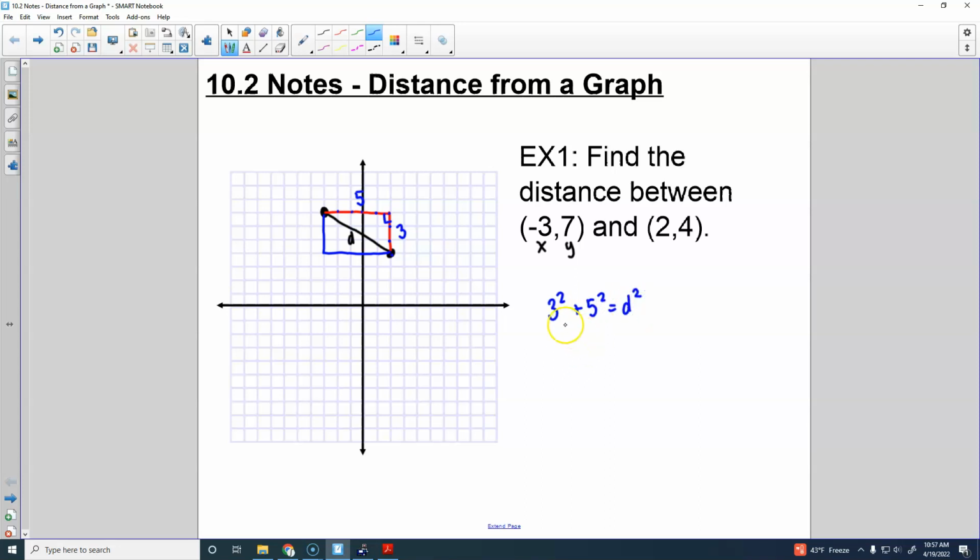So 3 squared plus 5 squared, that's 9 plus 25, which is going to give me 34, I think. And that will equal D squared. And then, Julian, what's the last thing I'm going to have to do? Square root it. When you take the square root of 34, Julian, what do you get? Let's go 3 decimal places on this.